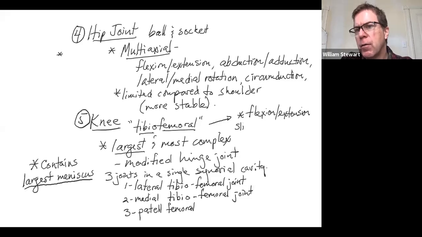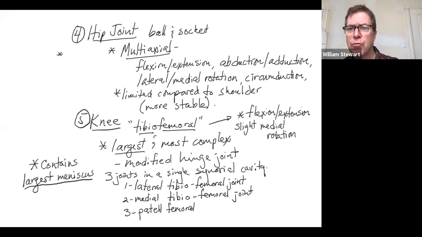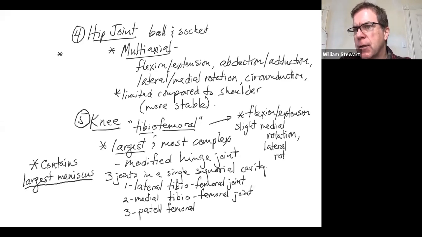You know that there is very slight rotation in your knee. So flexion extension is not truly uniaxial. There is slight medial rotation and slight lateral rotation as well. But by and large, it's mostly flexion and extension.